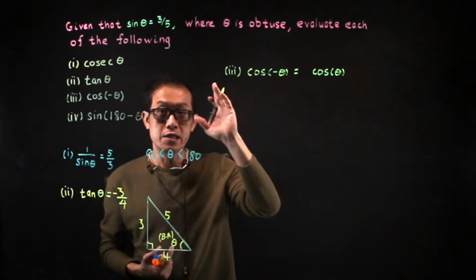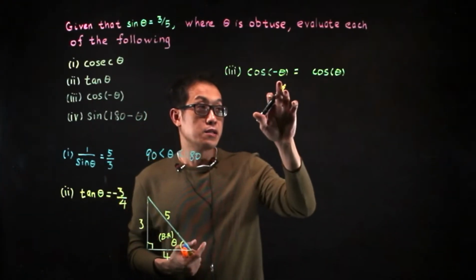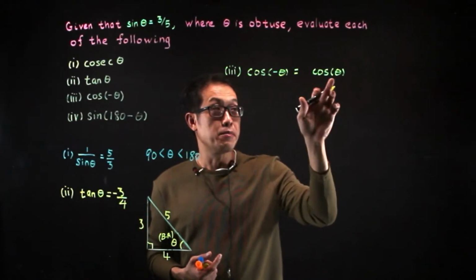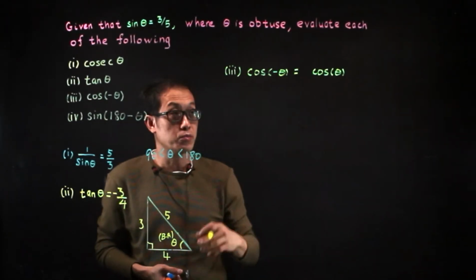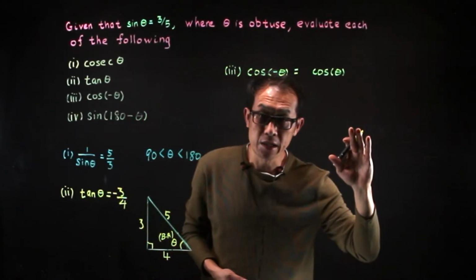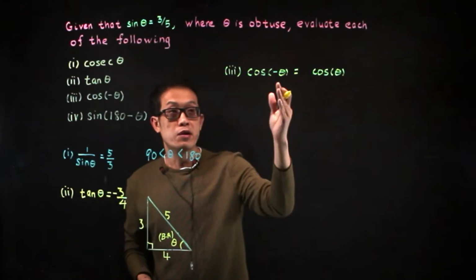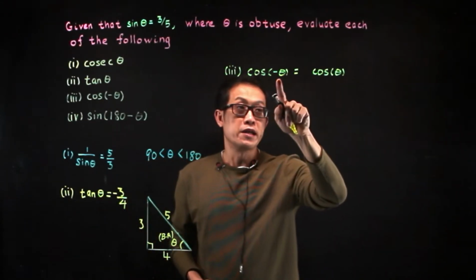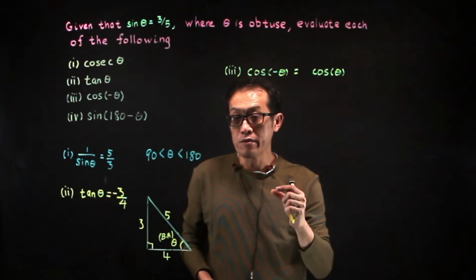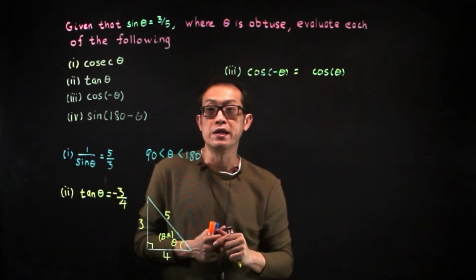Now if theta is in the first quadrant, then it will be this theta, and minus theta has the same basic angle. But the question is, if they have the same basic angle, then you do a trigonometric function to it. For example, if you do a cos, then you will find that cos minus theta will be equal to cos theta numerically, if we disregard the sign, because they have the same basic angle.